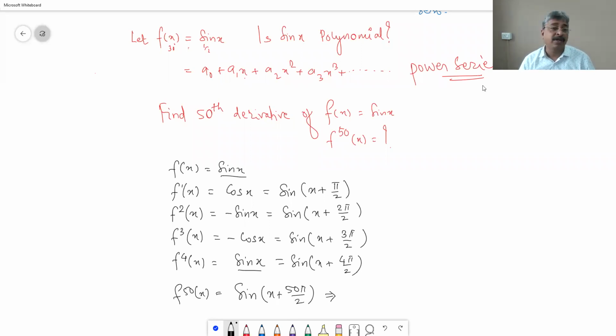This is yet another wonderful idea of getting control on successive derivatives. Nth derivative you can find out. So nth derivative of f of x is equal to sin of x plus n pi by 2.